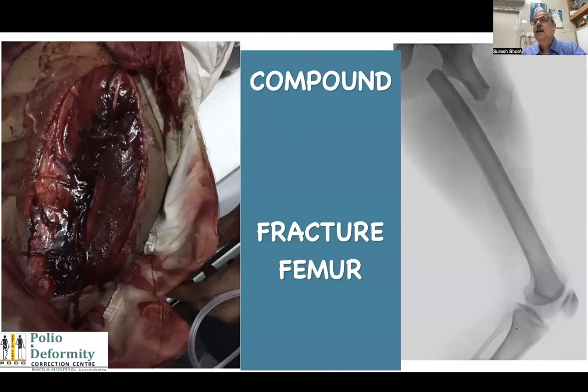These are very much valuable indications for treating the case with the help of Ilizarov. The wound debridement was done and a bone cement was put. Instead of any internal implant, we used Ilizarov.